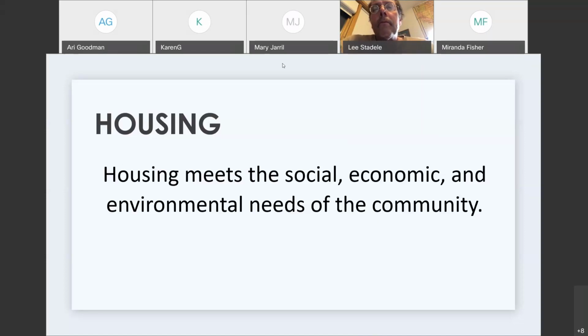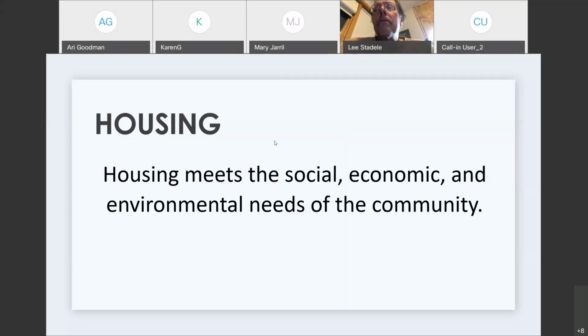Is environmental included? Absolutely. I would say that your ADA component slides under the social part of correct housing. It certainly does. Environmental, but that works too.